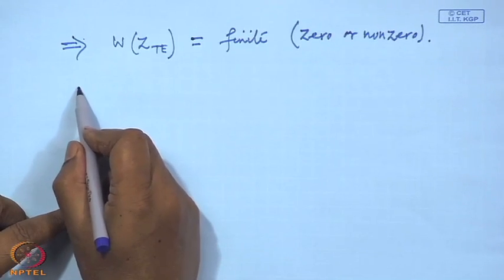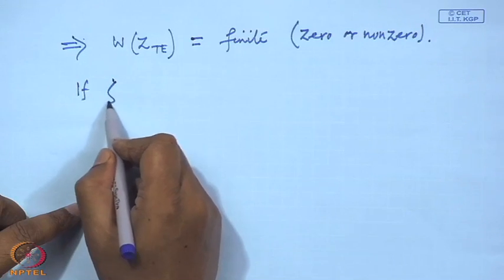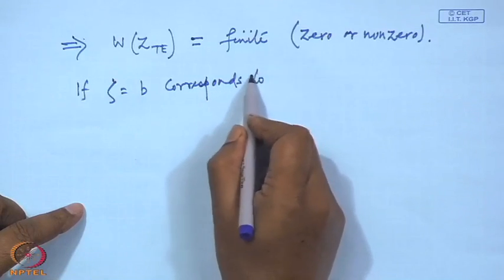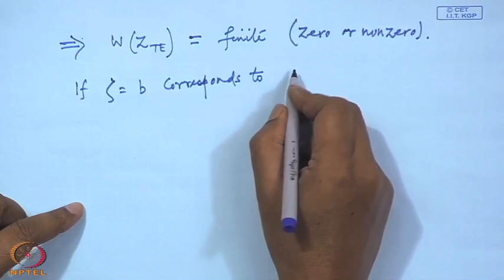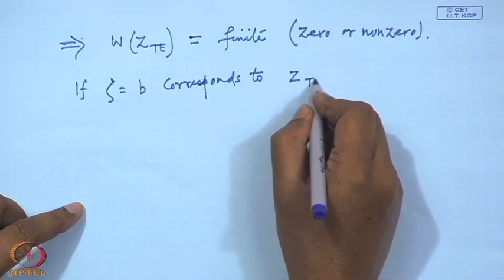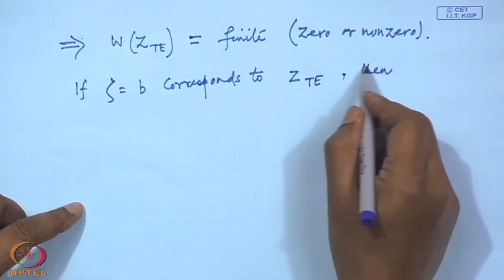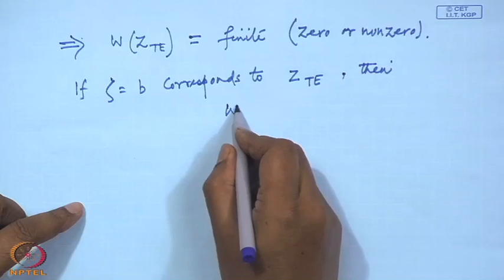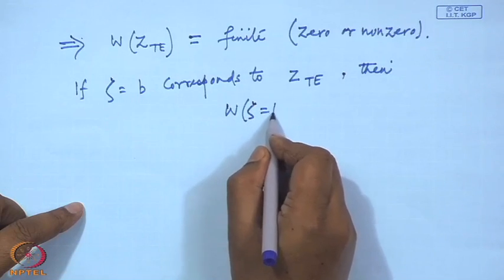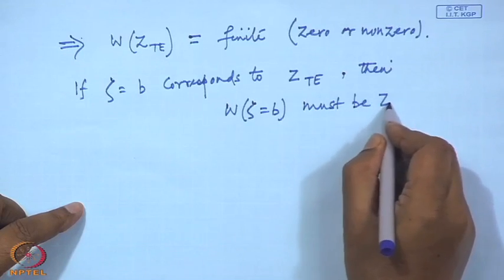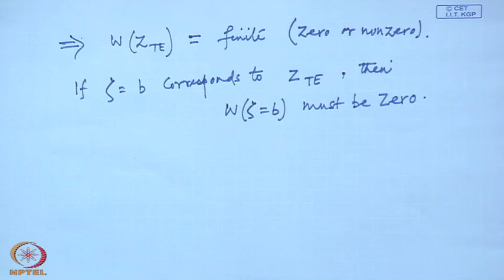So, if zeta equal to b corresponds to the trailing edge, we have assumed that zeta equal to b, that critical point, is transformed to the trailing edge of the airfoil.